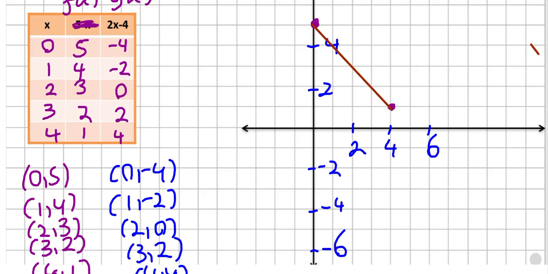Likewise, on the other one, 0, minus 4 is located down here, and 4, 4 is located up here. I just did the first point and the last point again. Everybody happy with that? Where's the point of intersection? Point of intersection is 3, 2.